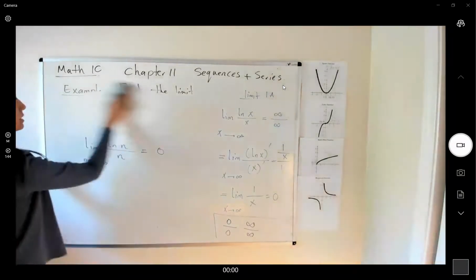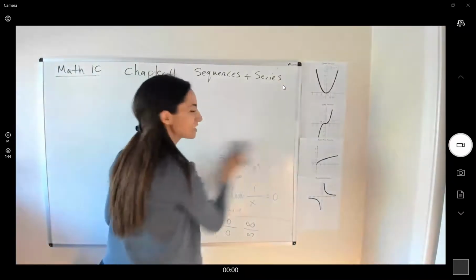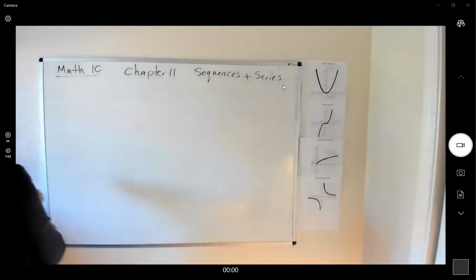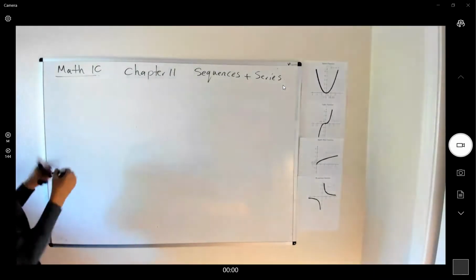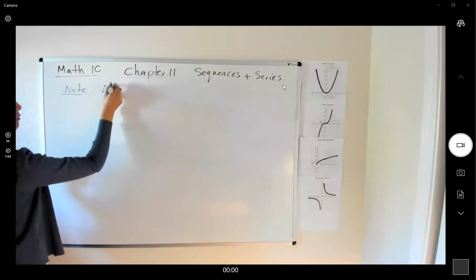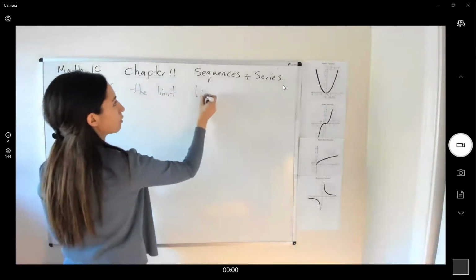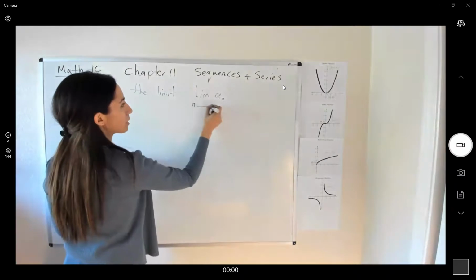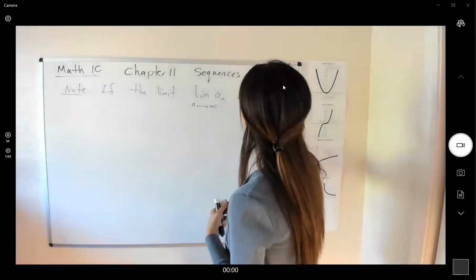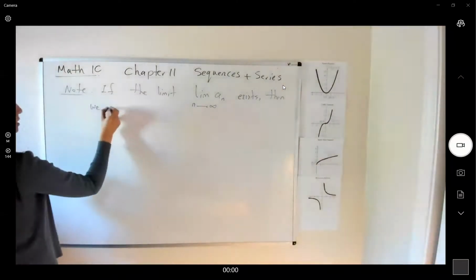So in general, we say that if the limit exists, the sequence is convergent. Note that if the limit of a_n while n goes to infinity exists, then we say that the sequence is convergent.